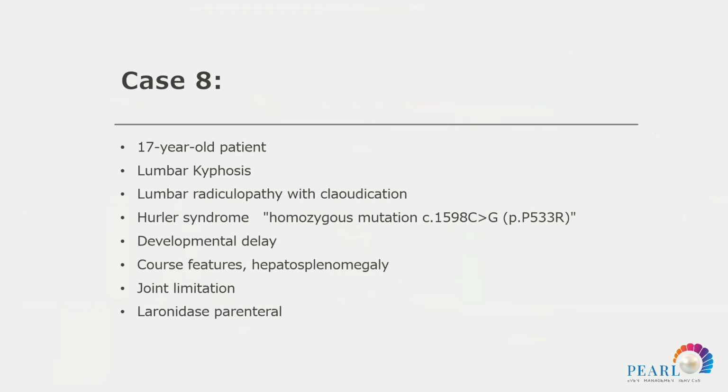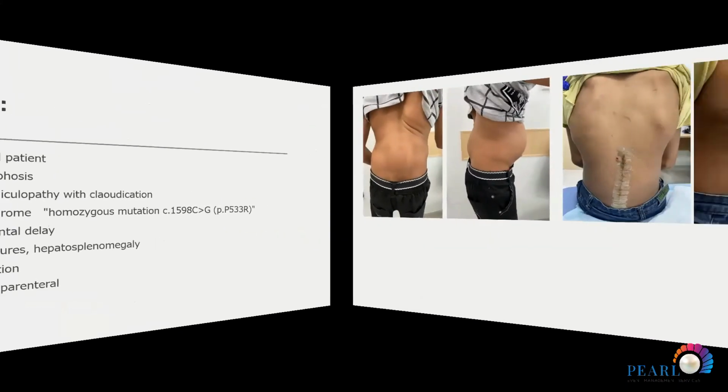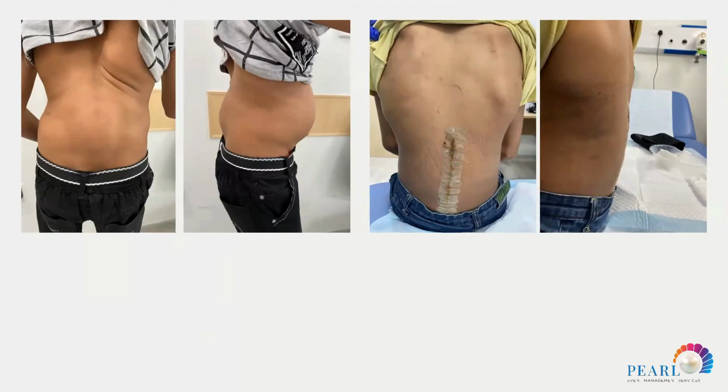Another case, 17-year-old patient with lumbar kyphosis, lumbar radiculopathy with claudication, Hurler syndrome, developmental delay, and other comorbidities. You can see here the hyperkyphosis. And this is abdomen, this is back. We have to recognize.